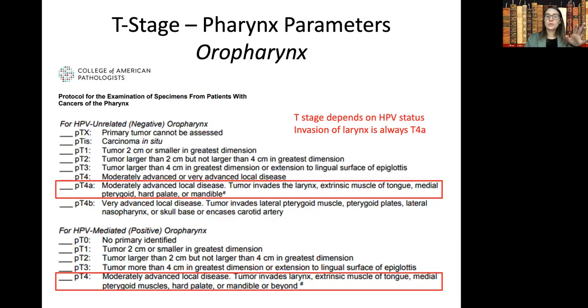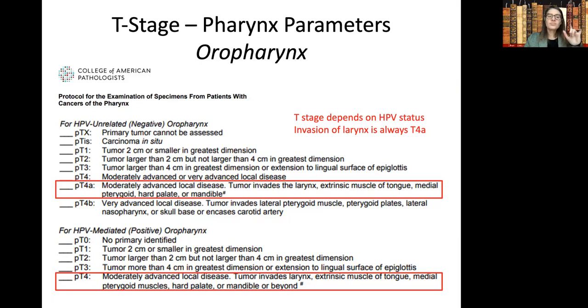If you are in the oropharynx, your T stage does depend on HPV status. So whether you are HPV unrelated oropharynx or HPV related, HPV positive oropharynx, your staging system is different.